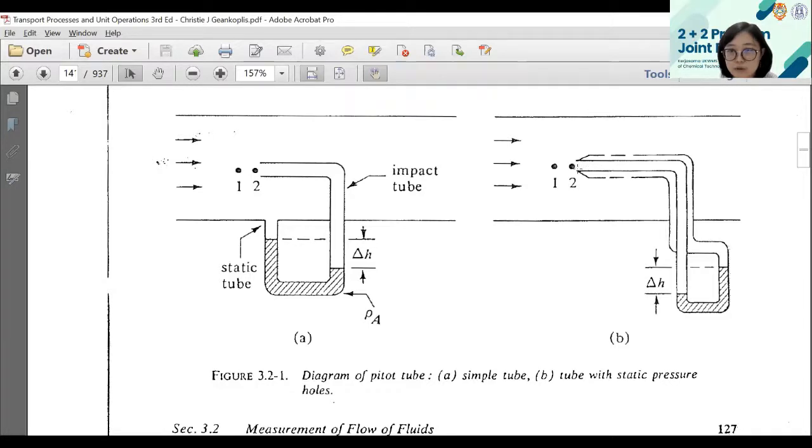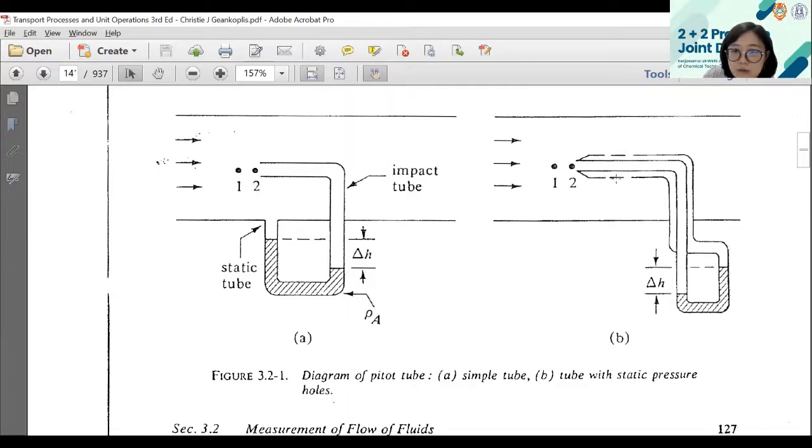For the tube with static pressure holes, it will only have one impact tube, which pushes the liquid inside the manometer, and it will fill with the static pressure. This also has two tubes actually.